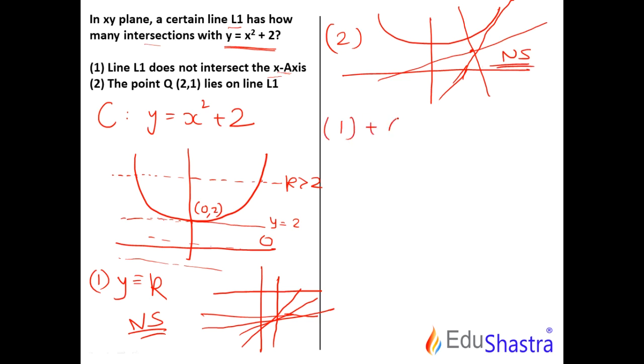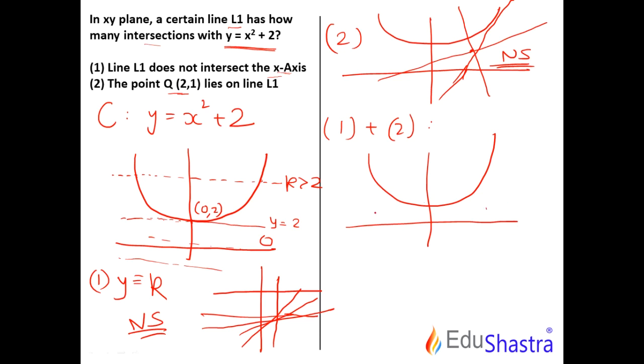Let's combine the two statements and see if we have any possibility. Now, from the first statement, I have that the line is parallel to the x-axis. From the second statement, I do know that it passes through this point. Now (2, 1) has a y value of 1.